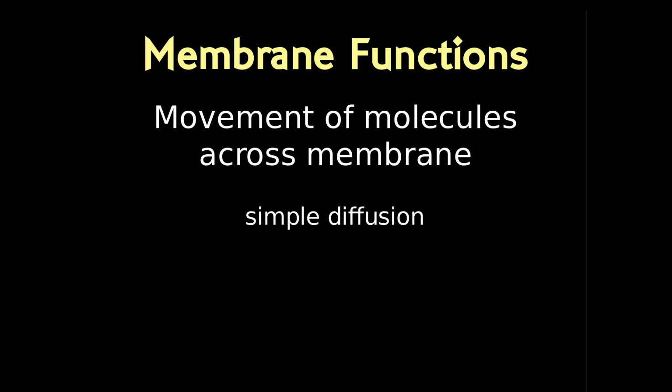Now, you might think, hey, that seems to defeat the purpose of having a membrane if things can just diffuse right across, and maybe to some point, but there's actually very few molecules that can do this. And actually it's nice that the ones that can do this, can.